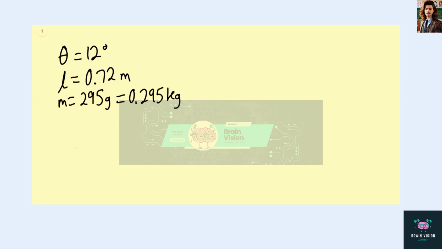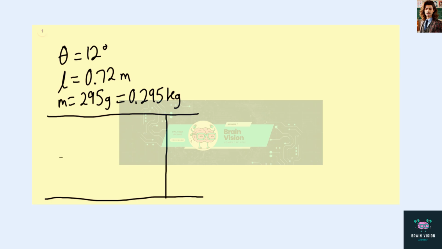We can draw what's going on here and say that we have some sort of pendulum. Let's draw this pendulum. This is going to be length L. This will be our theta.